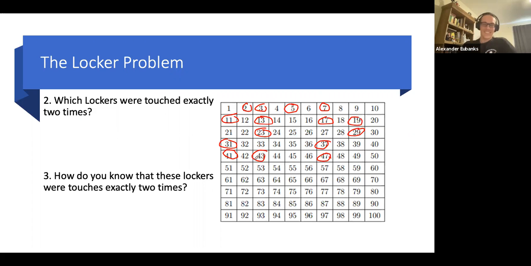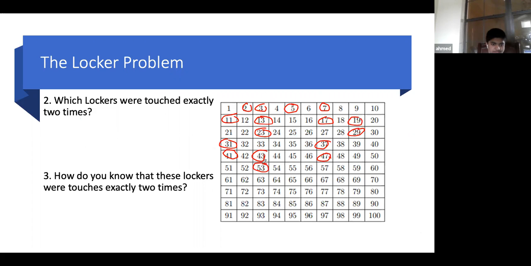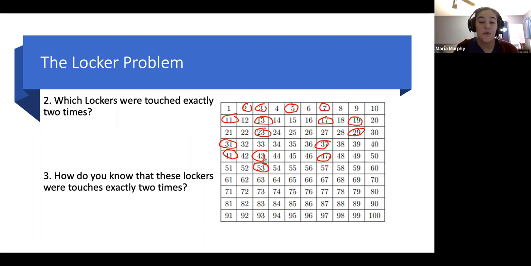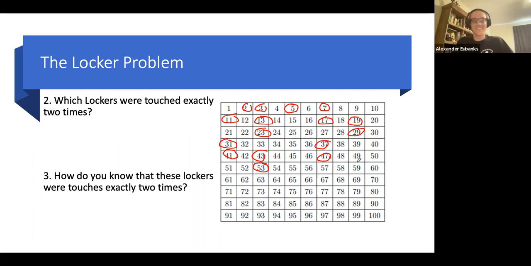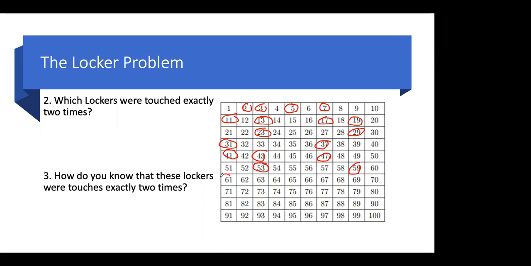All right, 47. You won't be able to list all of them because they're infinite. Well, we're only looking up to 100. 53, 59, and 61. 67, 71, and 73. And then 79, 83, 89.